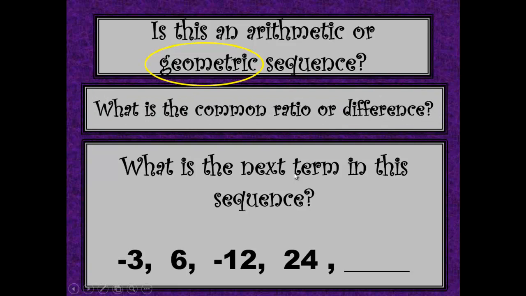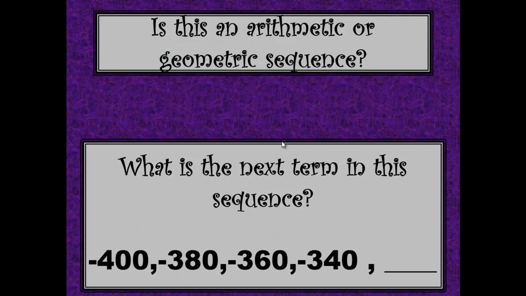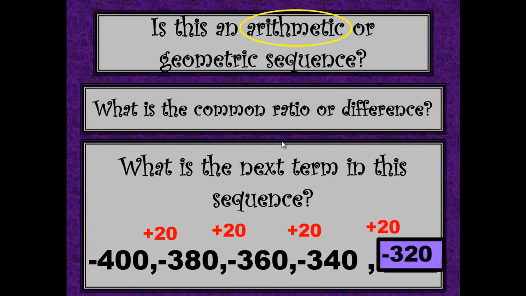The common ratio is, okay, -2. So the next term is -48. What is the next term? Oh, it is arithmetic. What is the common difference? Plus 20. So the next term is -320.